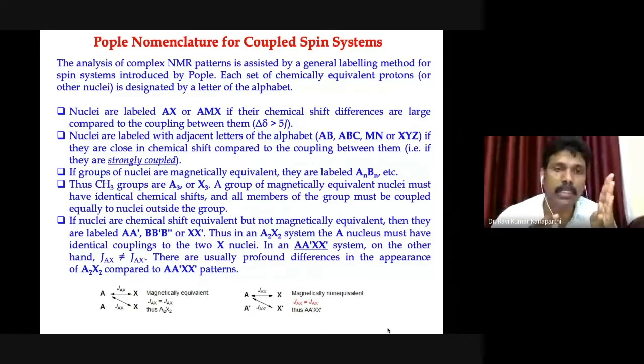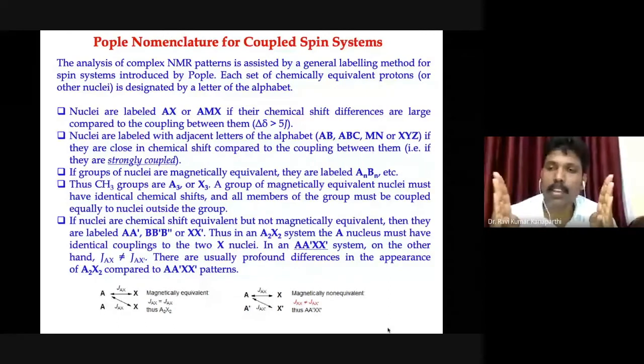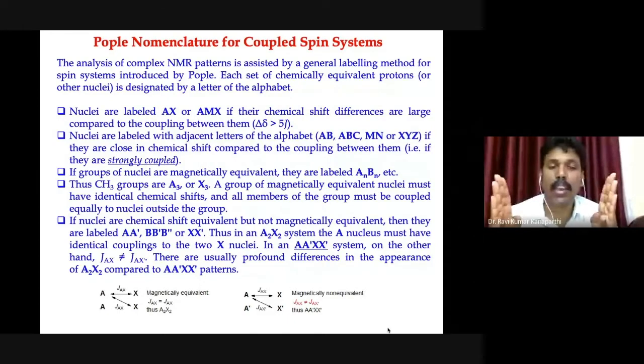For example, I have a peak and I have another peak, and if they are well separated, then Pople proposed that I label one with A and the other with X. Recall in the alphabet, A is the starting letter, and X, Y, Z are almost at the ending position.